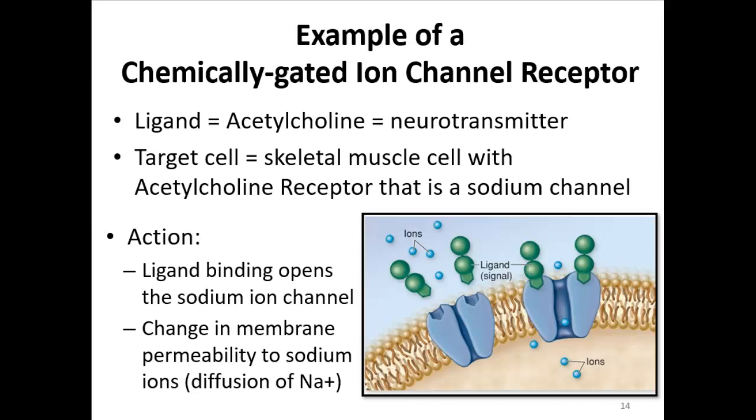Skeletal muscle cells have an acetylcholine receptor that is a sodium channel. When acetylcholine binds to the receptor, sodium moves into the cell. Thereby, the muscle cell becomes positively charged, and that will initiate contraction. You will learn more about this in the skeletal muscle physiology section of the course.